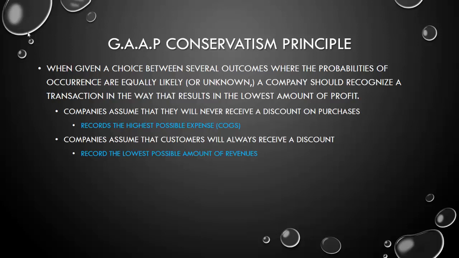So the GAAP conservatism principle essentially states that always assume you're going to pay full price on purchases, and always assume that your customer is going to get the full discount at the time that you make the sale. And doing so, again, results in the least profit because you have the lowest possible sales revenue and the highest possible cost of goods sold.